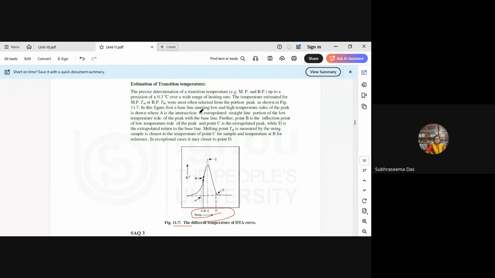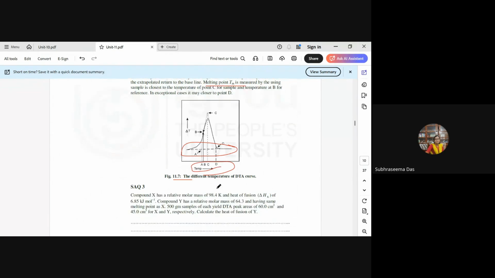In the first figure, a baseline meets the low and high temperature sides of the peak. Here A is the intersection of the extrapolated baseline, and B is the intersection of the inflection point. In an exceptional case, the melting point Tm can be measured by using the sample which is closest to point C, and similarly Tb can be measured.